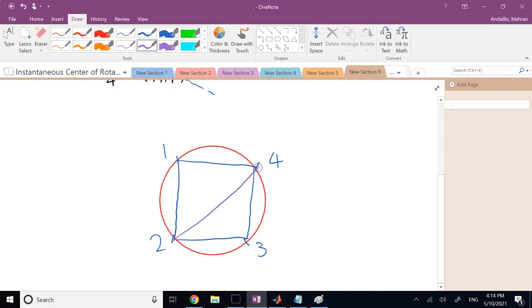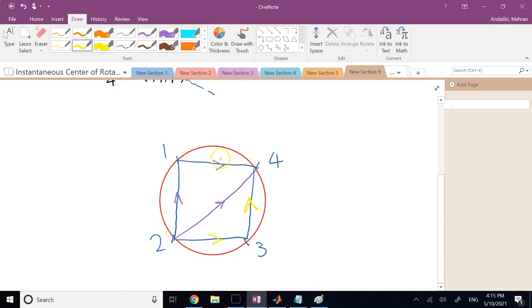How do I find this? Well, if I want to go from 2 to 4, one way is to connect 2 to 1 and 1 to 4 together. Or I can connect 2 to 3 and then what? 3 to 4 together. That's two different ways that I can go from 2 to 4.